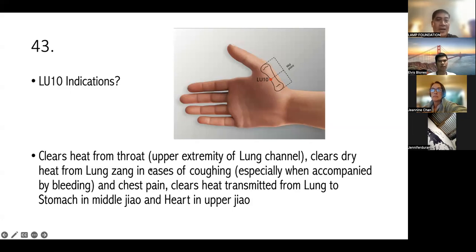Especially now, I've seen a lot of patients having dry cough because of the weather. So you just apply pressure there, lung 10. So this is all about heat. Does it make sense? Or, para mas ma-amaze yung patient, why don't you use lung 10 on the ear? See? It's all about heat.